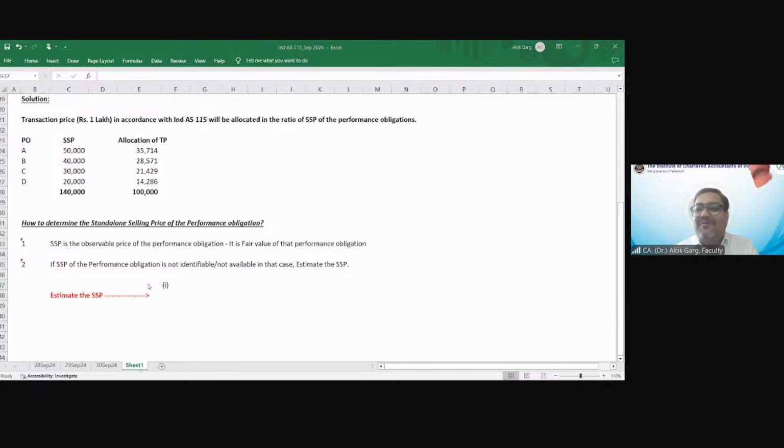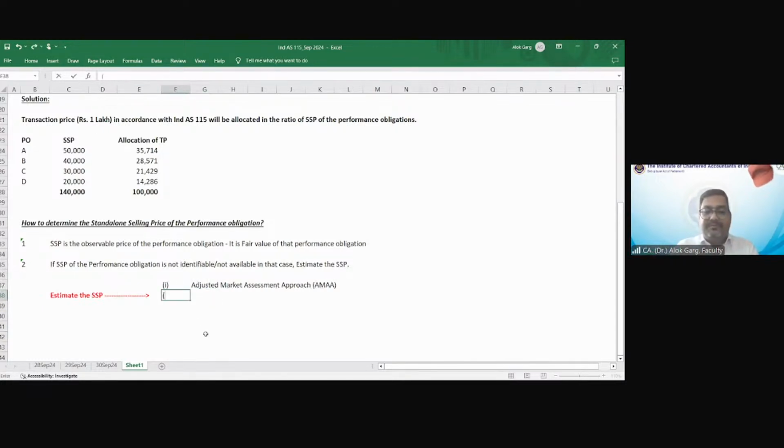What is the full form of the AMMA approach? Adjusted market assessment approach.